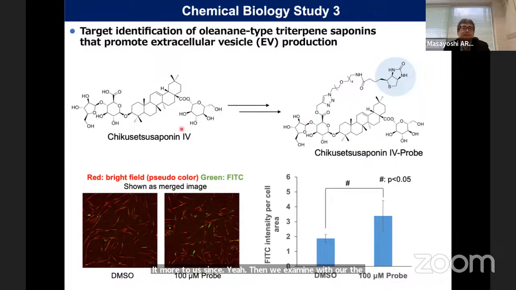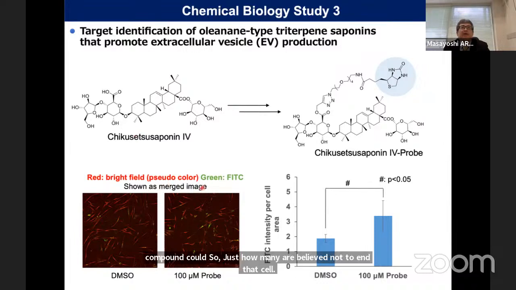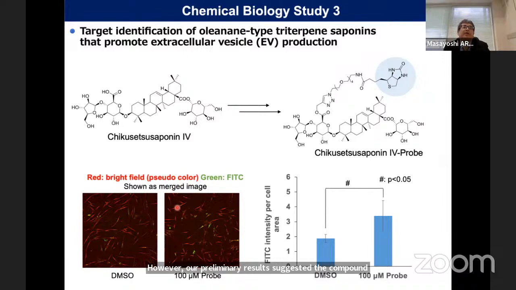Typically, saponins are believed not to enter the cell. However, our preliminary result suggested the compound might enter the cell to some extent. So currently, we are proceeding with the research under the assumption that the target of the compound might be intracellular.